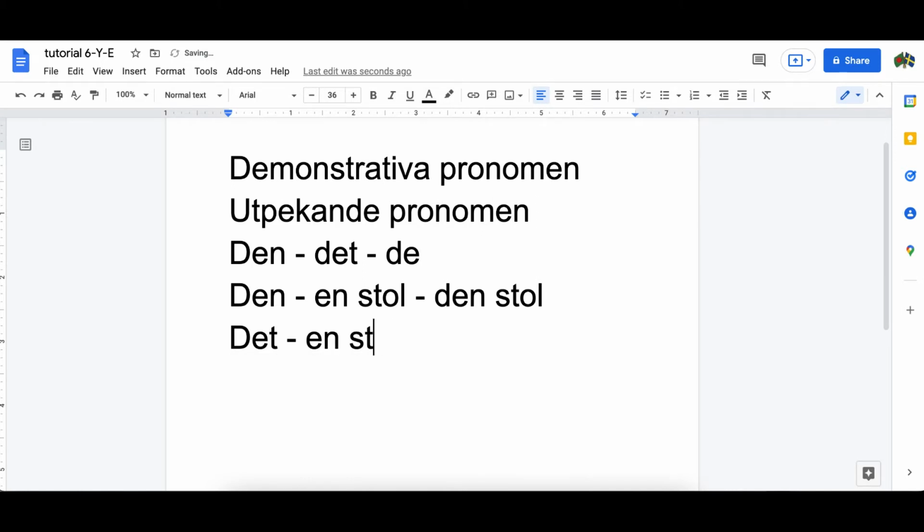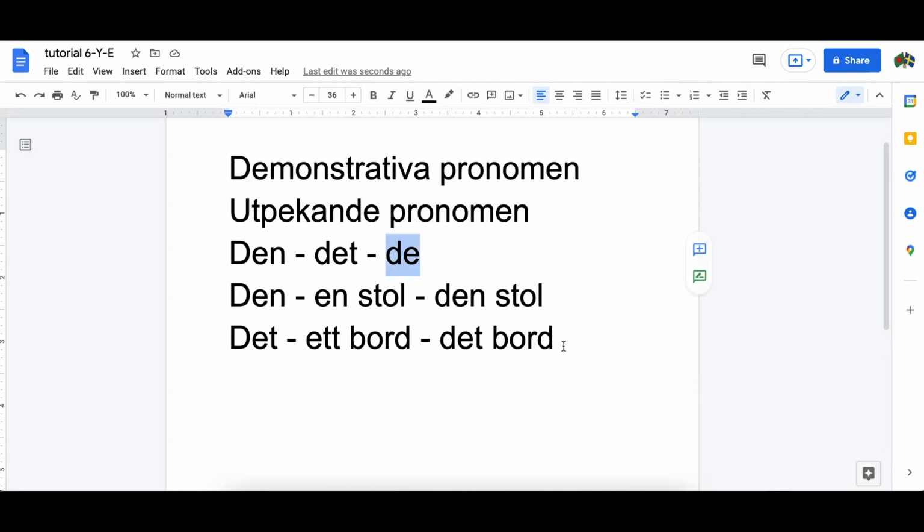Då måste vi använda ett ord. For example, ett bord, a table. So for example, that board. Så när det är den, då är det en stol. Alltså det måste vara en ord. När det är det, då måste det vara ett ord.